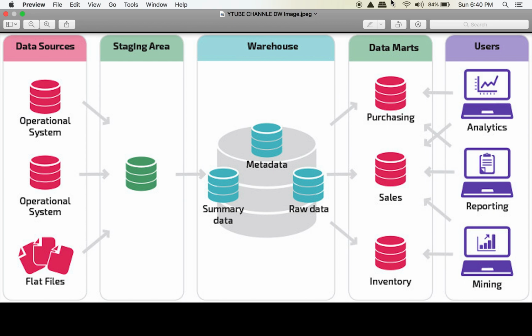Somebody wants to know what the sales were for my store last year, this year. Year over year comparison, month over month comparison: what's the sales for my region this year, this month, last quarter? Where are the sales dipping? We want to see which regions and which stores are not performing well, which stores are performing very well, where the profits are going up, which products are selling well.